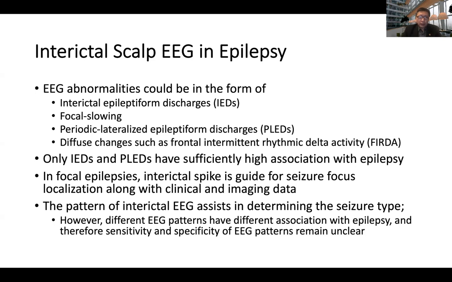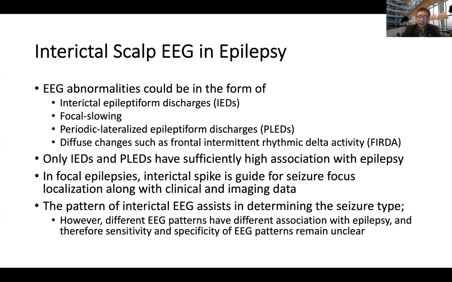In interictal scalp EEG in epilepsy, the EEG abnormality could be in the form of interictal epileptiform discharge, focal slowing, periodic lateralized epileptiform discharge, which we call PLED, or diffuse change such as frontal intermittent rhythmic delta activity. But only the IED and the PLED have a sufficiently high association with epilepsy.